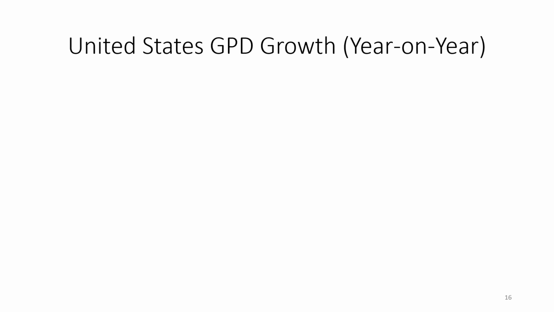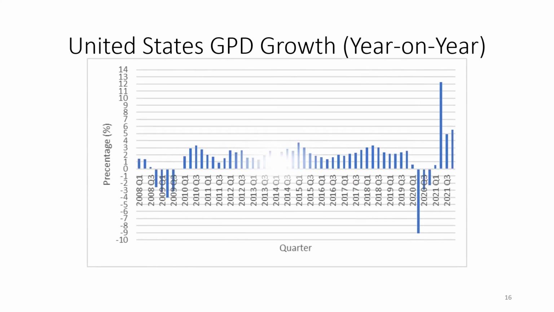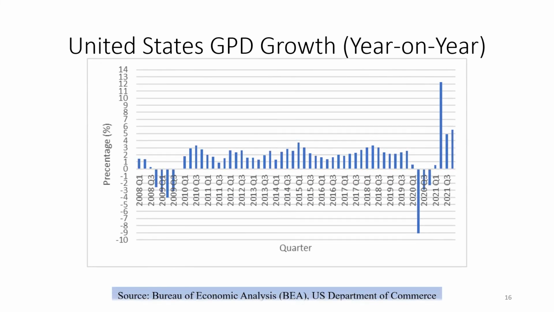To enhance your understanding about the shape of the yield curve, let me briefly explain the current state of the US economy. I hope this will help you to relate the state of the economy with the shape of the yield curve. The US economy was badly affected by the COVID-19 pandemic.